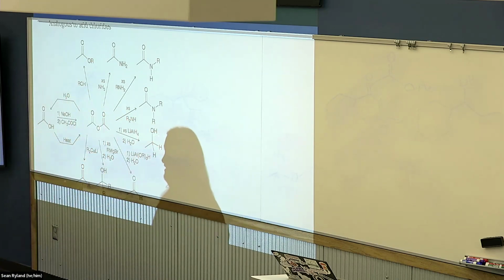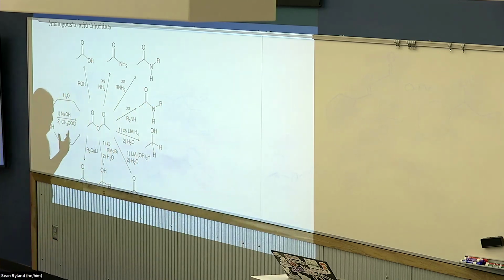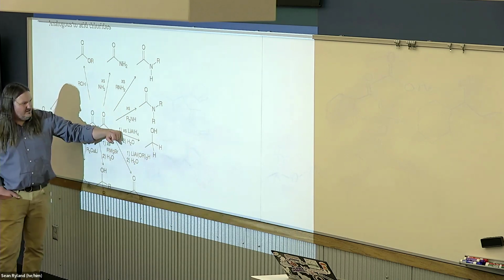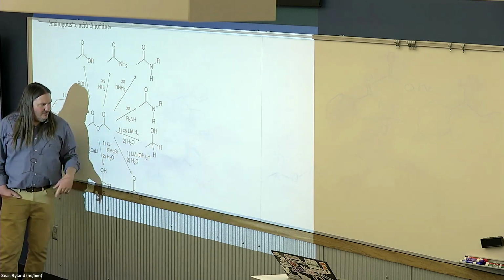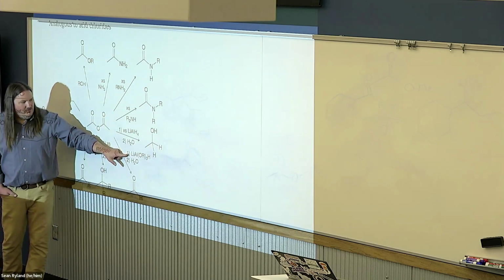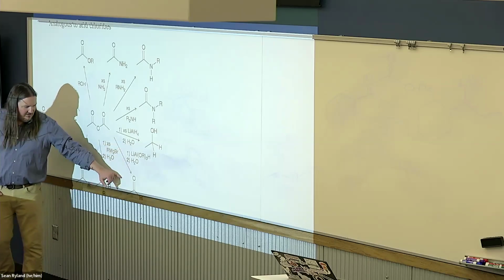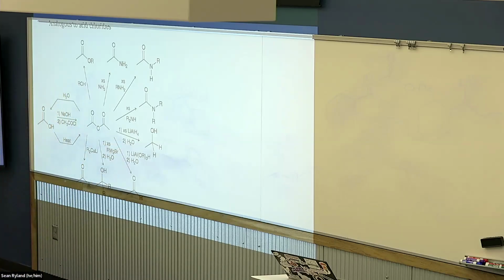The slides are on campus too, as PDFs, but you're always welcome to do that as well. We can do the excess lithium aluminum hydride to make the primary alcohol. You can do the lithium aluminum trialkoxyhydride to get the aldehyde. You can do the Gilman reagent, or you can do excess Grignard reagent. Really, it reacts pretty much the same as the acid chloride.